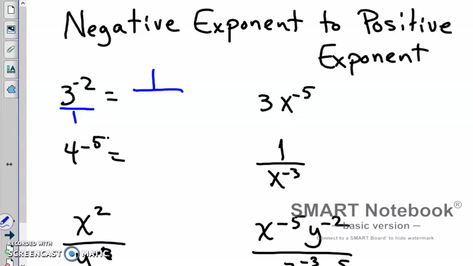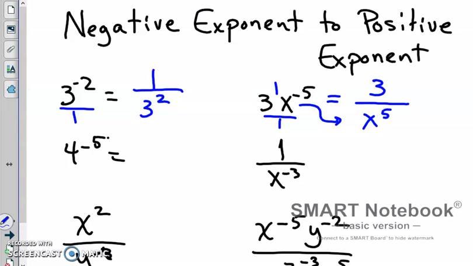So therefore, to make the exponent positive, that means that the 3 to the 2nd power will move into the denominator. In the second problem here, the 3 actually has a positive exponent of 1, but the x has a negative exponent. Since the 3 already has a positive exponent, it stays in the numerator, but because the x has a negative exponent, it goes to the denominator.